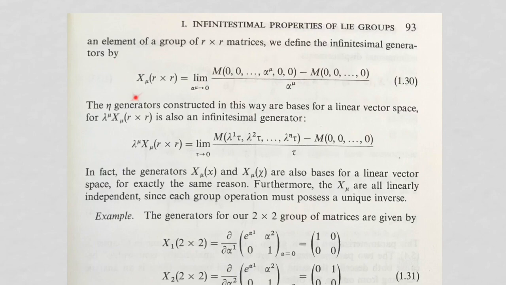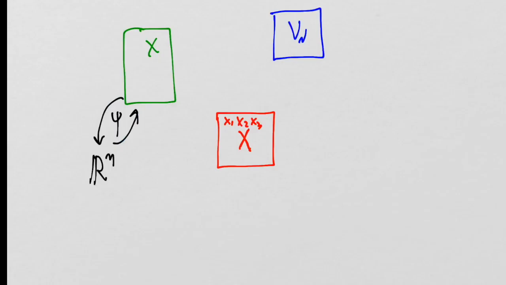We found eta generators. And then what we do is we take those eta generators and, for right now, we put them together and we create a vector space where those generators are the basis, right? These guys here are the basis of a vector space. So what does that mean? Well, that means we have to be able to add them, right?